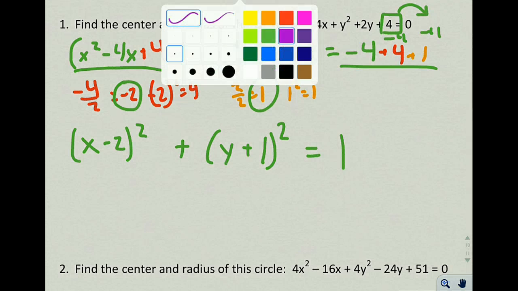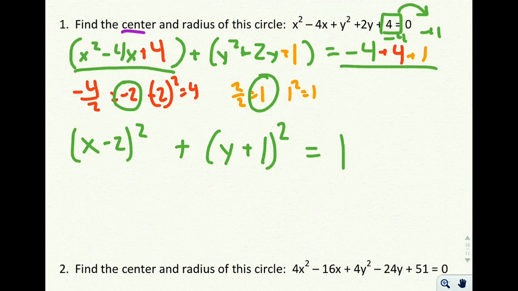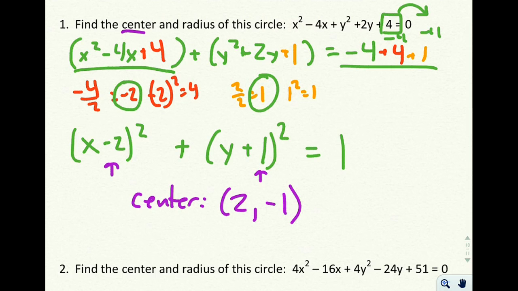That leaves us with the center of opposite of this, so 2, and then opposite of the term paired up with y, so negative 1. And then we know r squared over here is equal to 1, so square root of both sides, and radius equals 1.